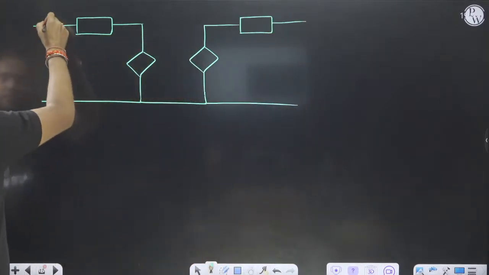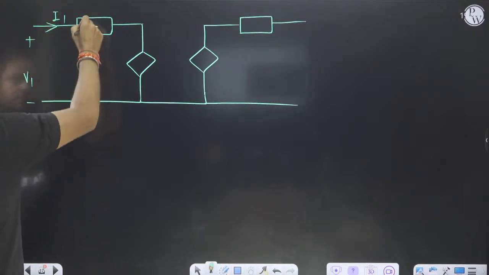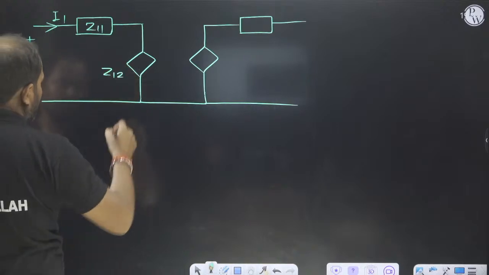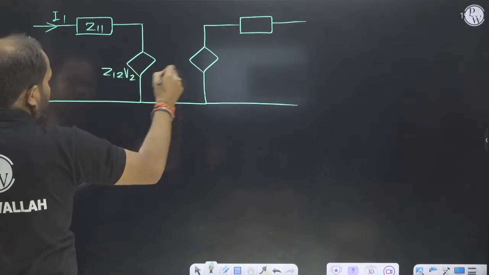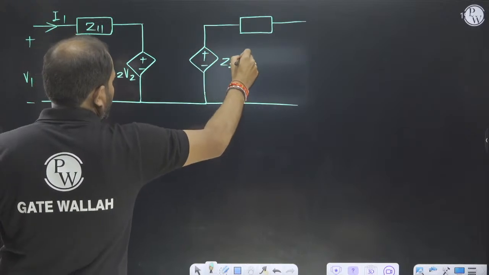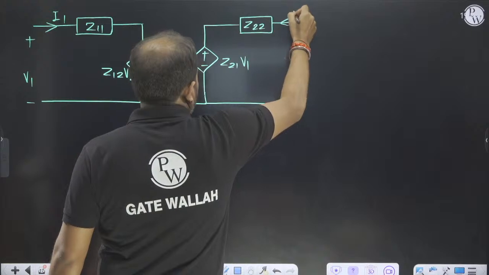So what we have? I1, V1, Z11, Z12, V1, V2, Z21, V1 and Z22, I2 and V2.